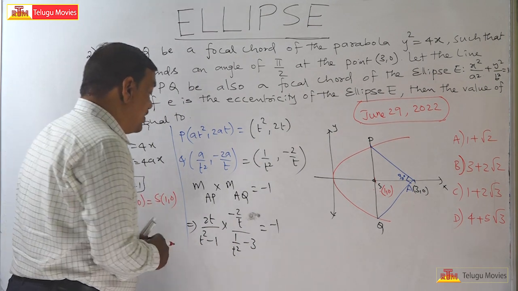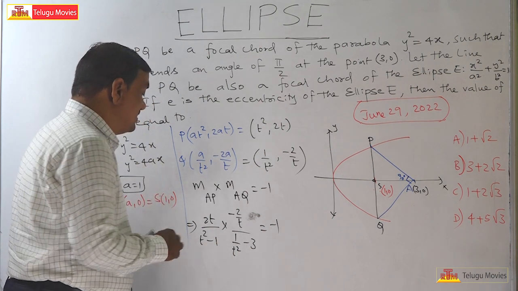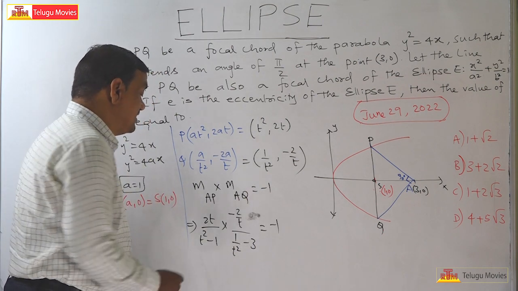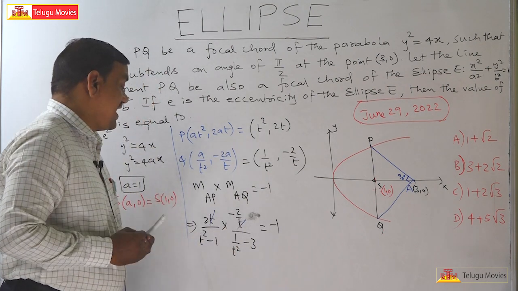Here we can do some cancellations. We can cancel here, the minus signs can also be cancelled, and t can also be cancelled.